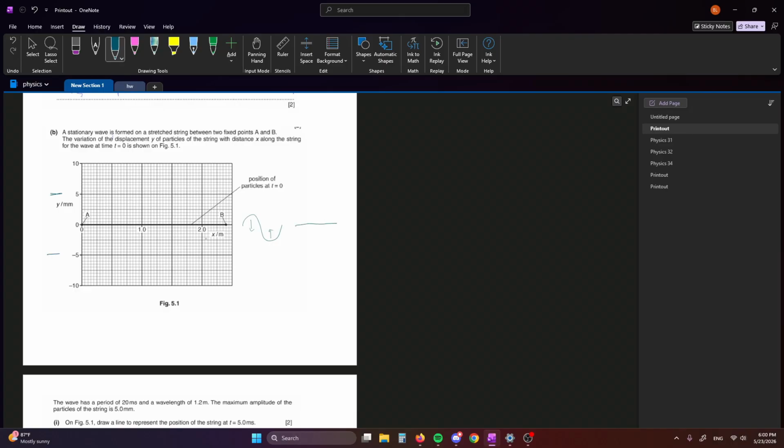But they still go in the same direction. So this is still going down, this is still going up. And then you have a wave like this. And then it reaches a maximum, and then it starts going the other way, like that. And then we're back to where we started.